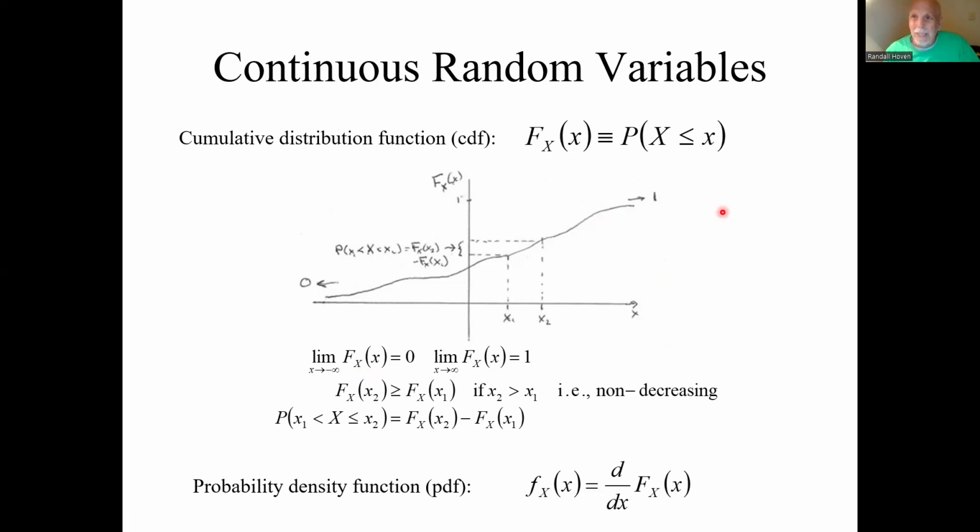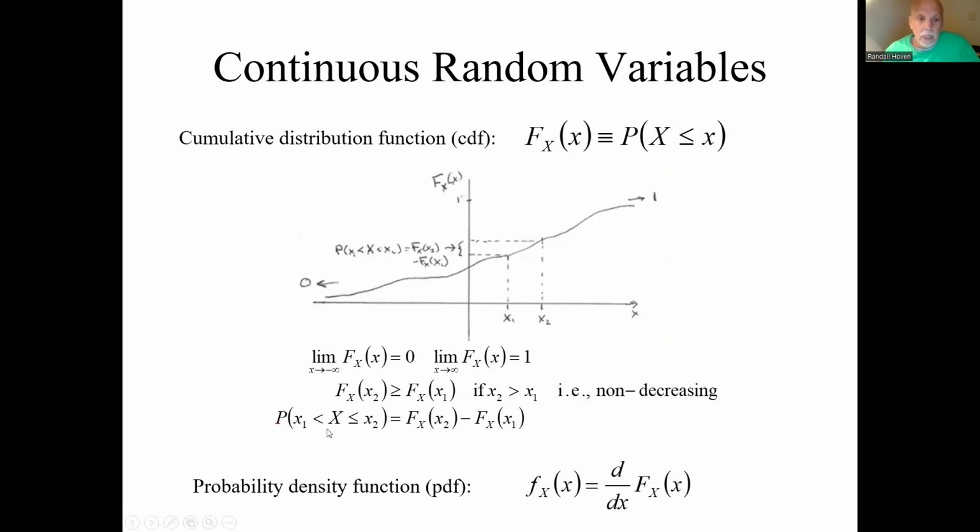If you take the limit as x goes to positive infinity, you get 1. Non-decreasing. Its value at a bigger argument of little x is greater than or equal to what it is at a smaller argument of x. That just means it's non-decreasing.